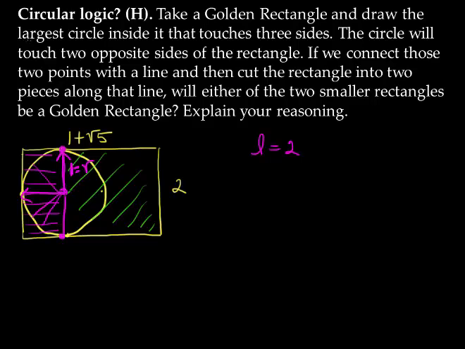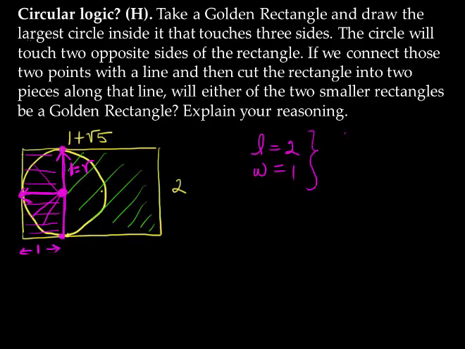Any distance from the center of the circle to a point on the circle is 1. So that tells me that this distance right here, the width, is 1, because a radius comes out from the center and touches the circle and the rectangle right there. So that is equal to the radius, and that is 1. So the width is equal to 1.